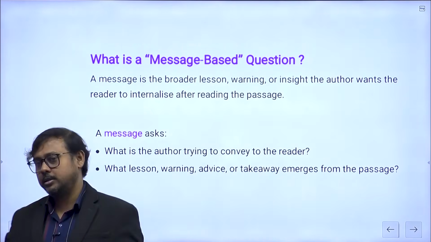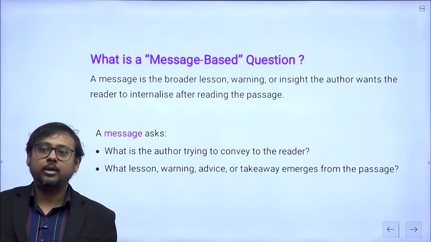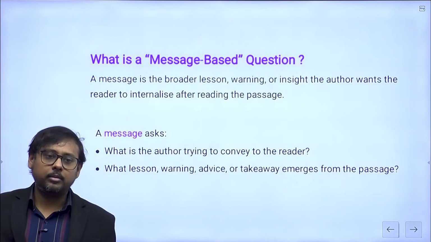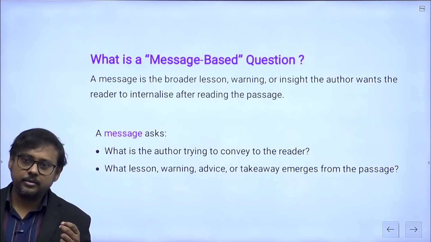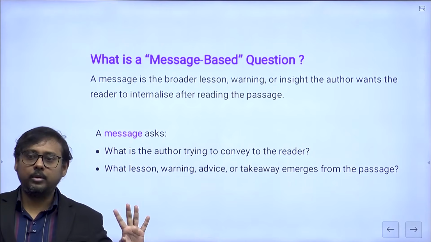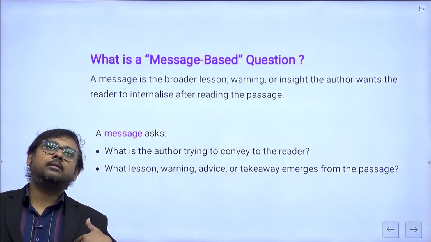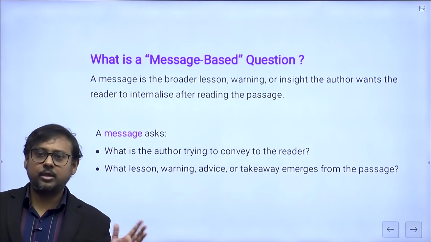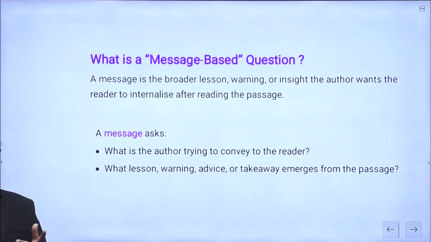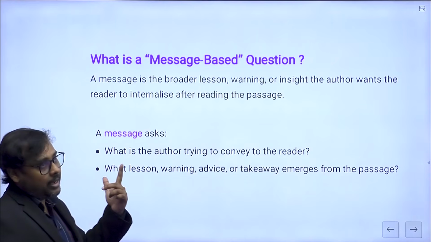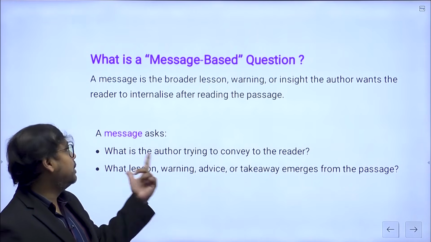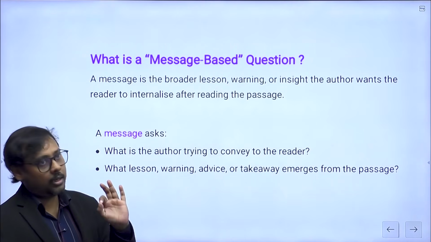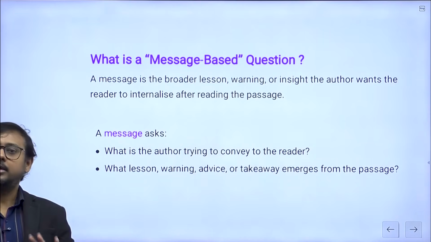Pick up any passage, in message-based questions I'm talking about. It will talk about a problem, but the problem might be very subtle. It either gives a solution or it does not give a solution. That's not important, but it will talk about a problem. So in a message-based question, the important understanding is that a passage will have a problem.